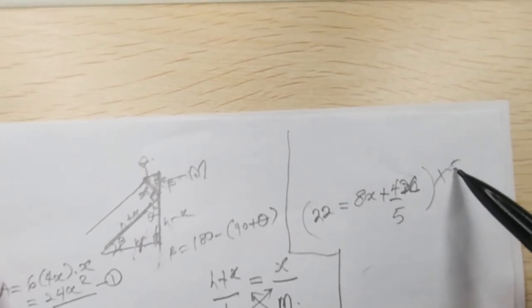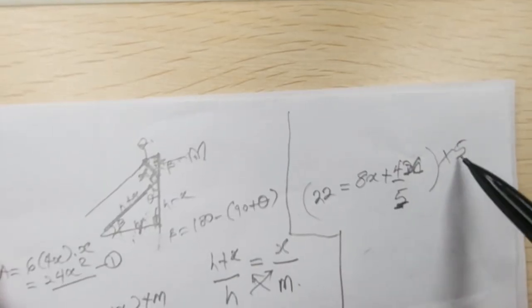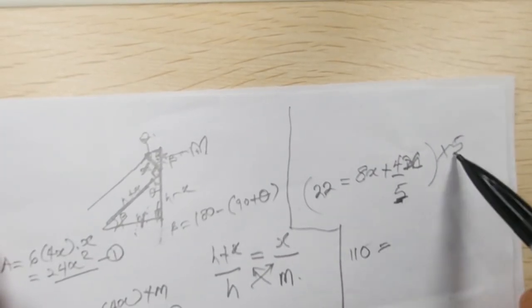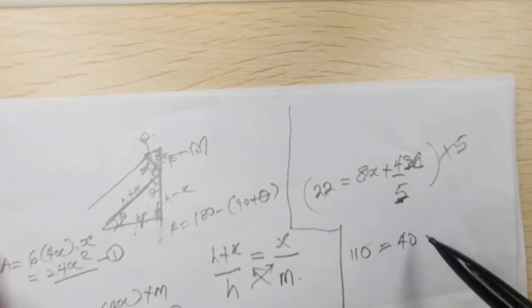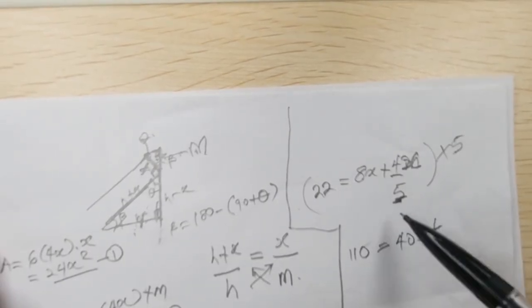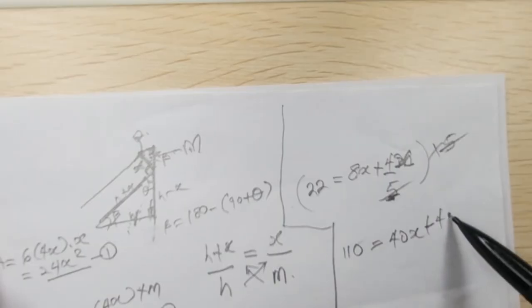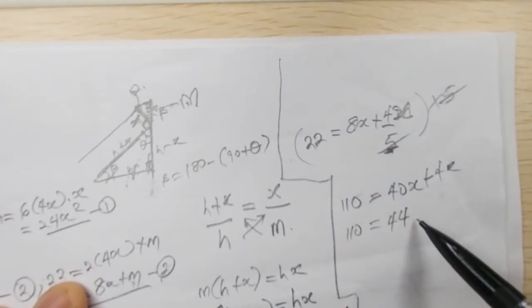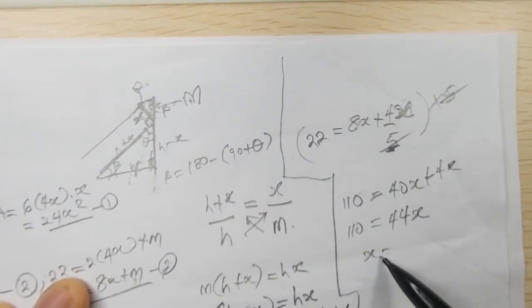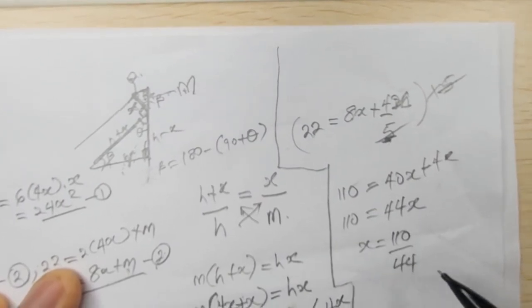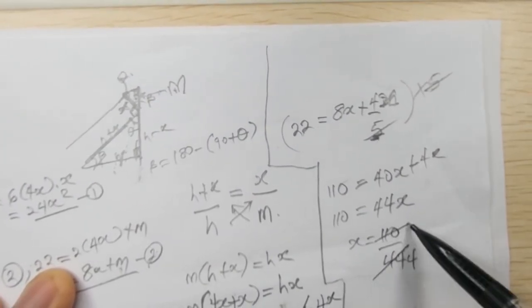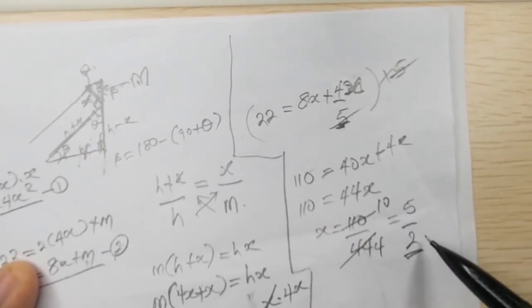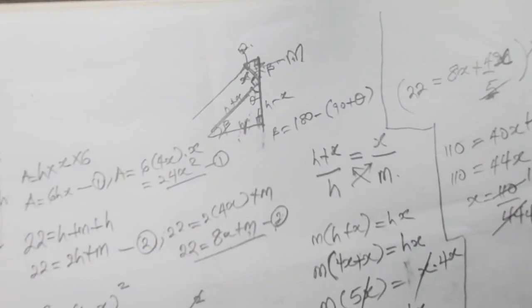We can multiply through by 5 so we can get rid of this denominator. 5 times 22 becomes 110. 5 times 8 is 40x plus that cancels out, and we have 4x. So now we have 110 equals 44x. x is 110 divided by 44. 11 goes through. 10 over 4 becomes 5 over 2. That's our value for x.